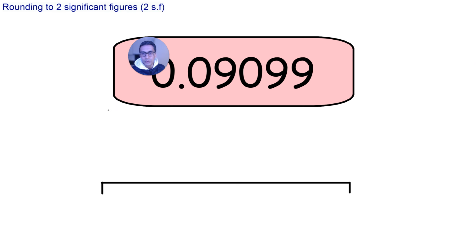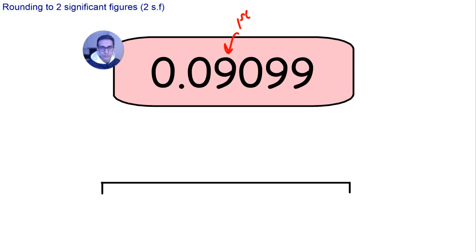Okay, next example. Pause the video and have a go first. Alright, so the first significant figure is the first non-zero digit. The second significant figure is this one here, and that is in the 0.001 column, or the thousandths column, and we're going to round to the nearest thousandths.